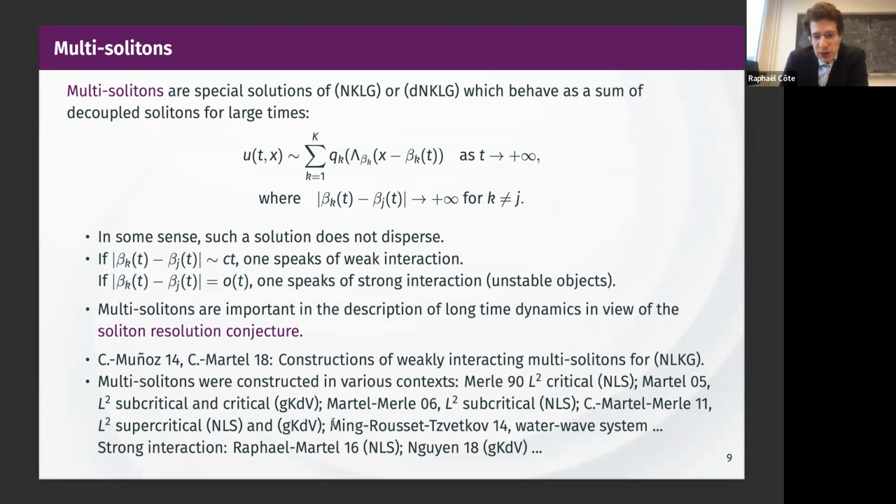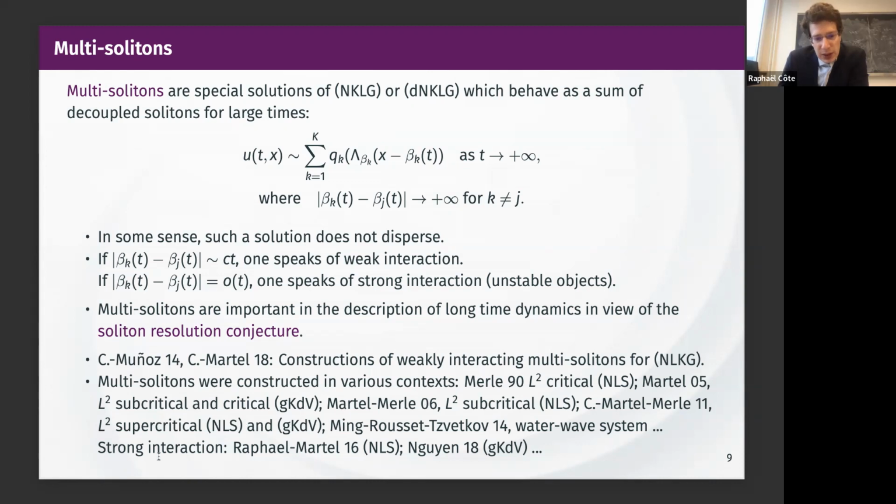There is really a lot of work. Let me also mention the work by Ming, Hussein, and Svetkov on the water wave system, which is no longer a completely reduced model; water wave systems are much more involved than the usual dispersive equations. These were all results for weakly interacting multi-solitons, which are sometimes meant to be stable, except in the supercritical case, where they're not stable.